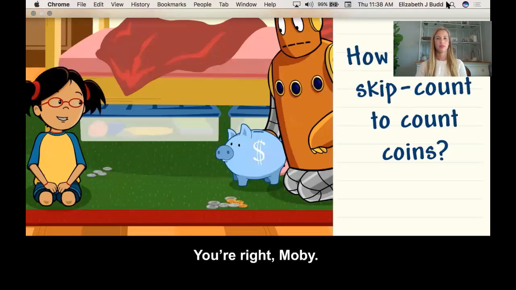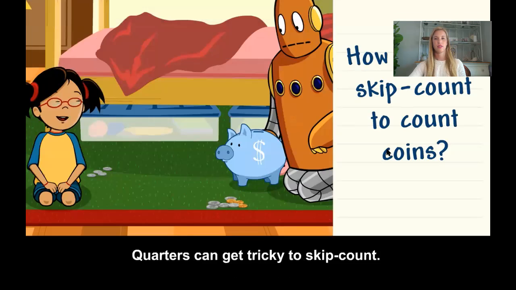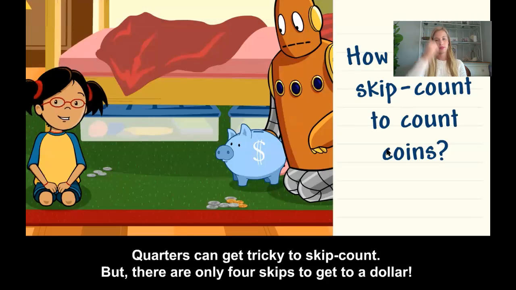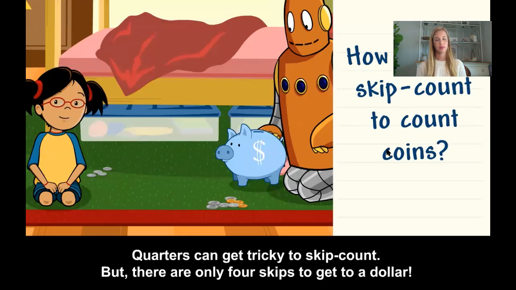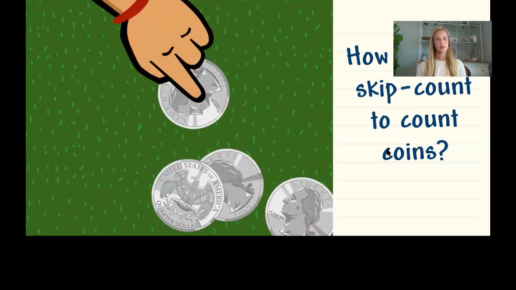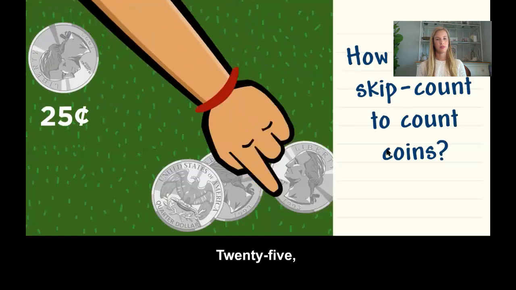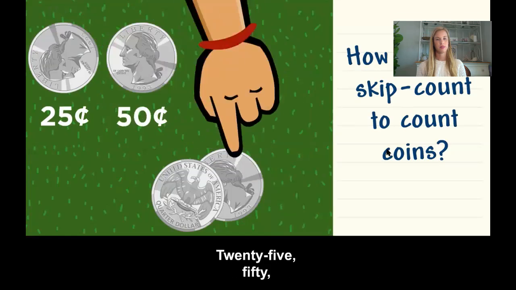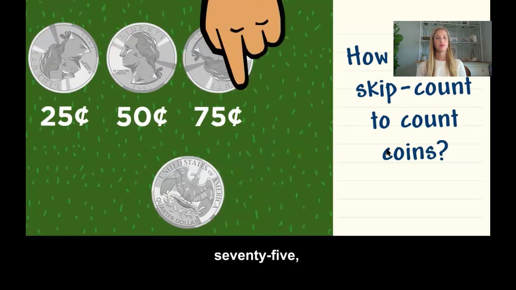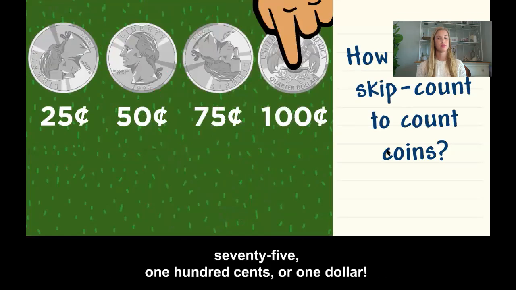You're right, Moby. Quarters can get tricky to skip count, but there are only 4 skips to get to $1. 25, 50, 75, 100 cents, or $1.